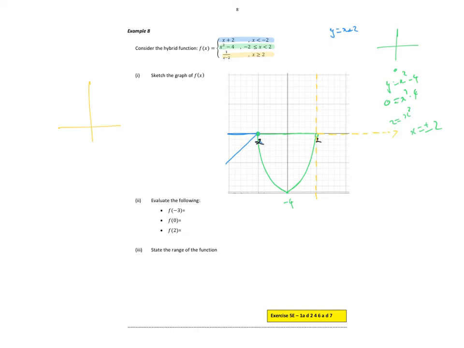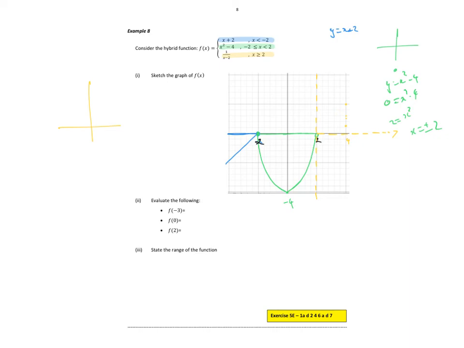I only have to draw the horizontal asymptote for this section because that's all it's defined for. So if that's 2, that's 4. So give me an idea of a starting point. I might just put x equal to 4 into that graph. 1 over 4 minus 2 is 1 over 2, so it's the point (4, 0.5). That's a half, so a half might be about there somewhere.